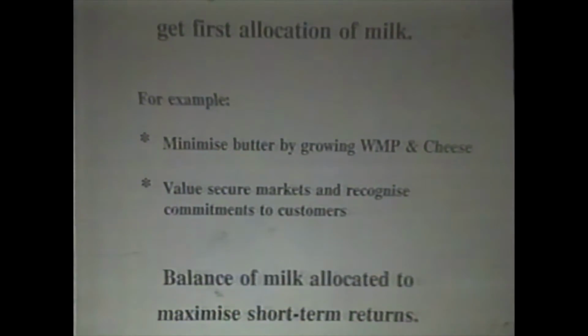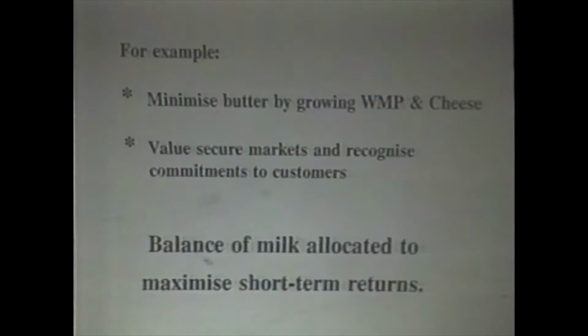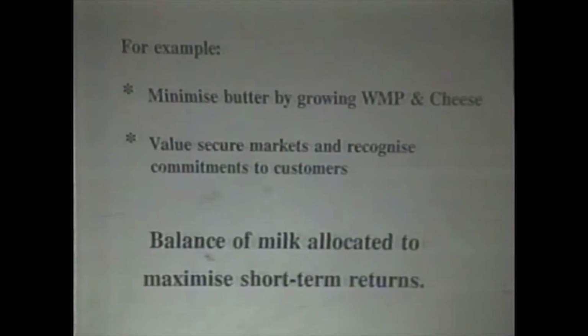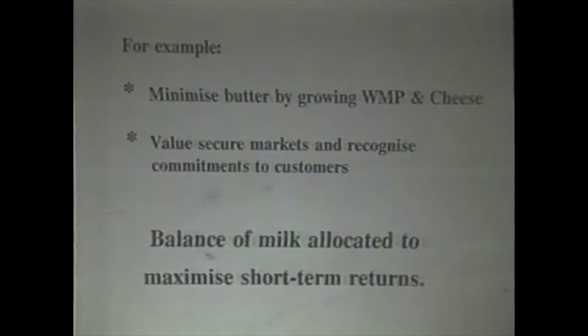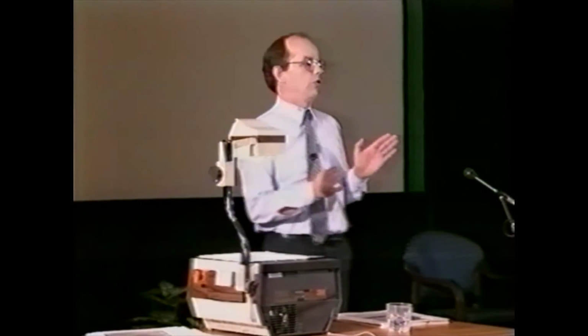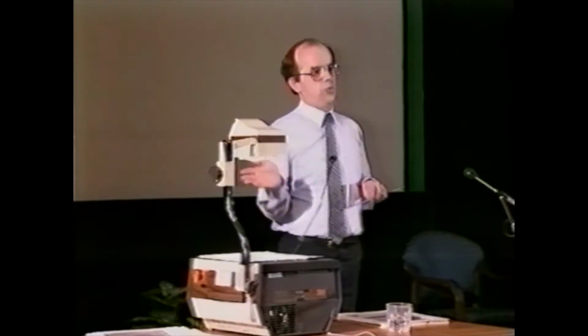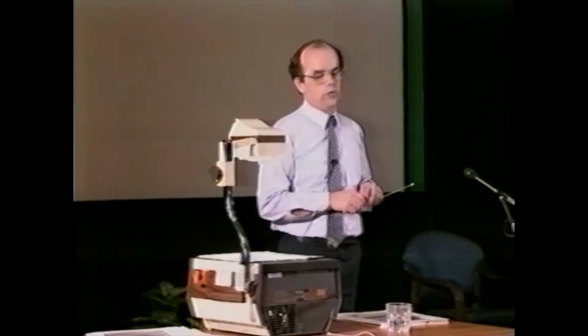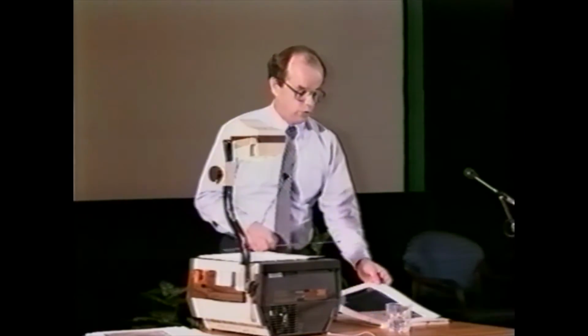And we will also value markets that have a long-term future rather than just the highest price on the day. About 80% of the industry's milk goes into that allocation. The last 20% or so is allocated on the basis of the short-term returns.